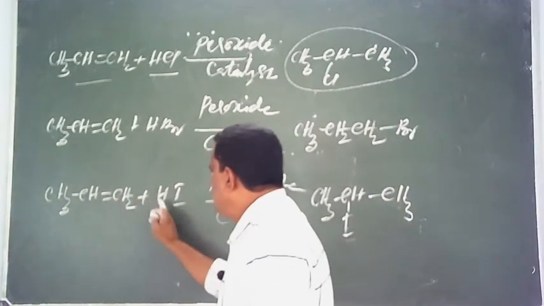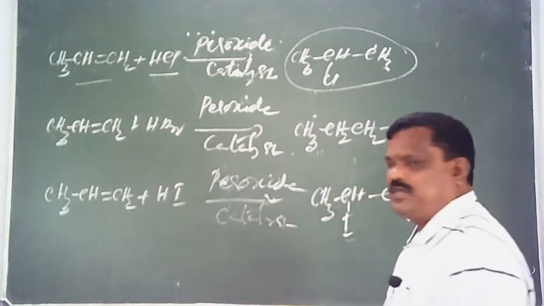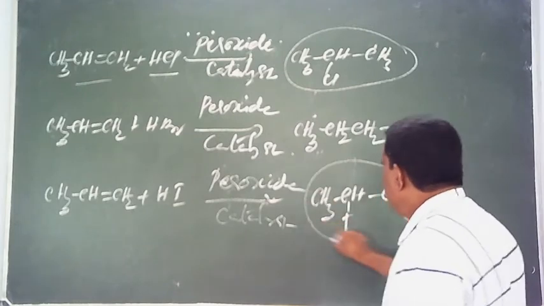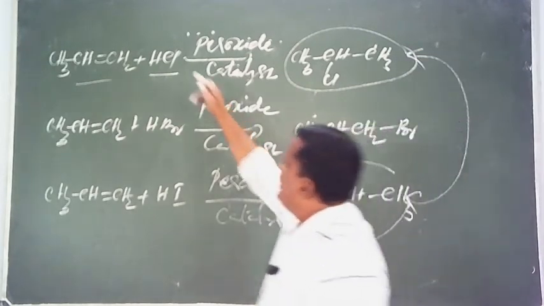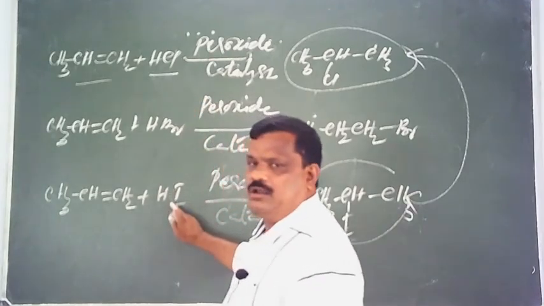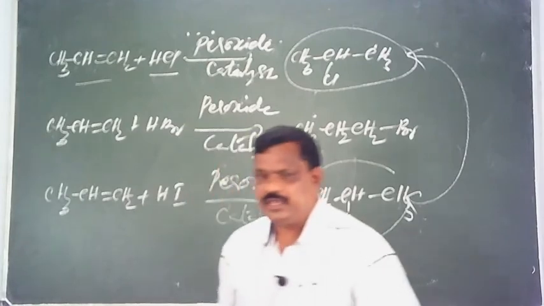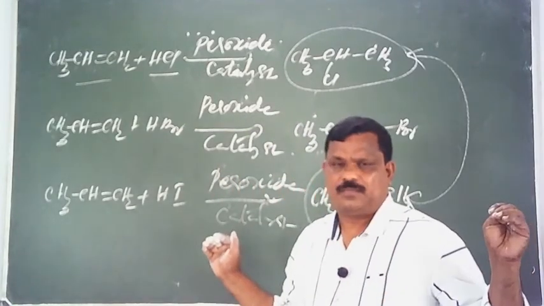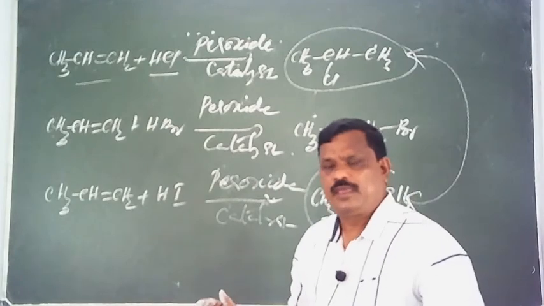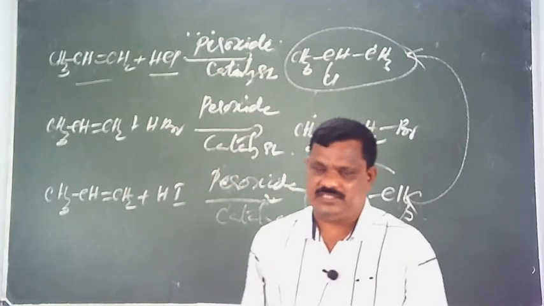Addition of HI to propene in the absence or in the presence of peroxide gives the same product. That means addition of HCl and HI to an unsymmetrical alkene takes place in accordance with Markovnikov's rule in the presence of peroxide or even in the absence.